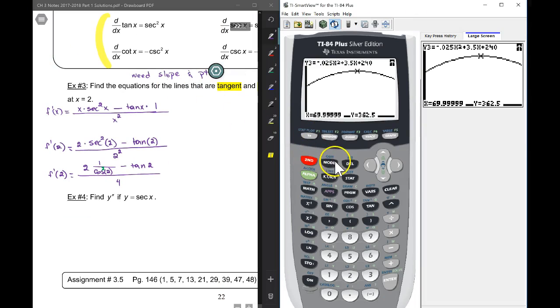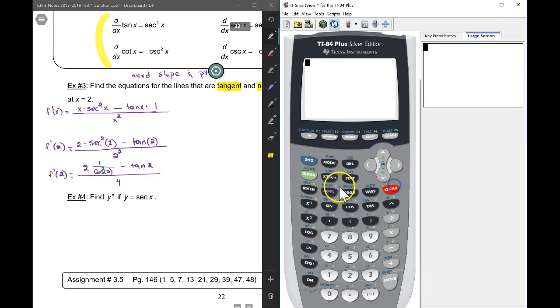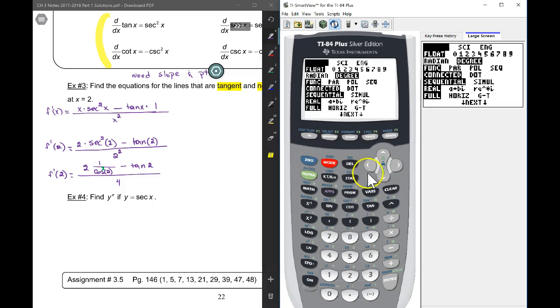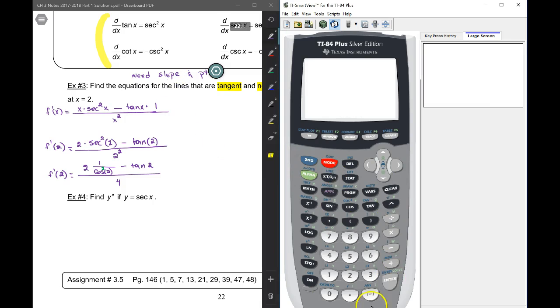Okay, so right, so it's going to be 2 times 1 over cosine of 2. Okay, now we close everything squared.